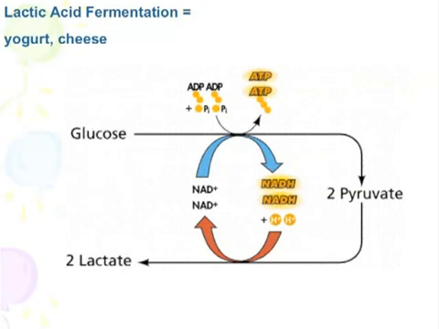So the only main differences between lactic acid fermentation and alcoholic fermentation are the organisms that go through it, the final outcome of lactic acid versus alcohol or ethanol, and that alcoholic produces CO2.